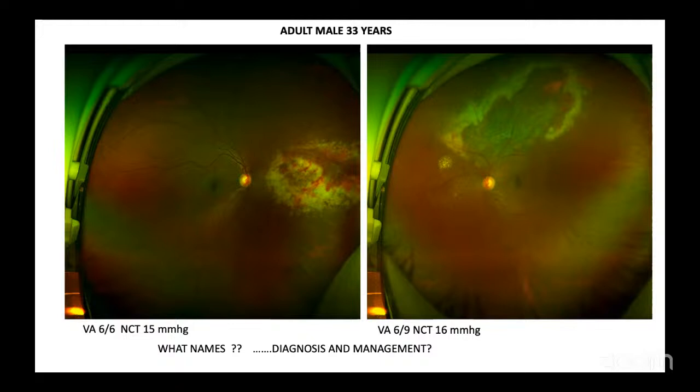Valganciclovir is the prodrug of ganciclovir. It is available in medical stores with a prescription, can be taken orally, and is very easy to prescribe and easy for the patient as a drug regimen. So at least one drug you should be able to say is valganciclovir.